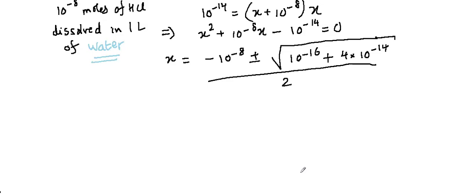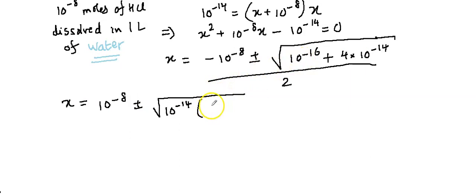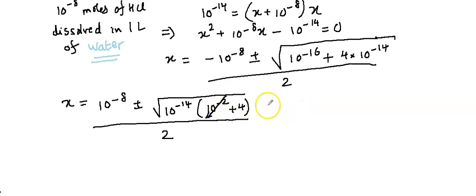So x will be 10 power minus 8 plus or minus, let me factor out 10 power minus 14, into 10 power minus 2 plus 4, the whole thing divided by 2. Now 4 plus 10 power minus 2 is 4.01, which is basically 4. So I can sort of neglect this term because it's being added with a much larger term.